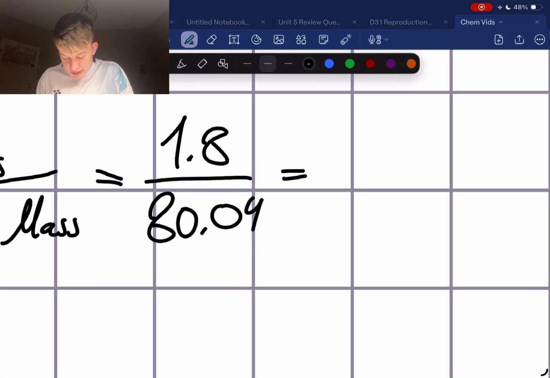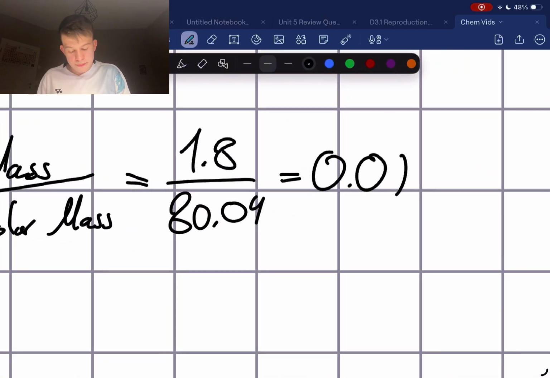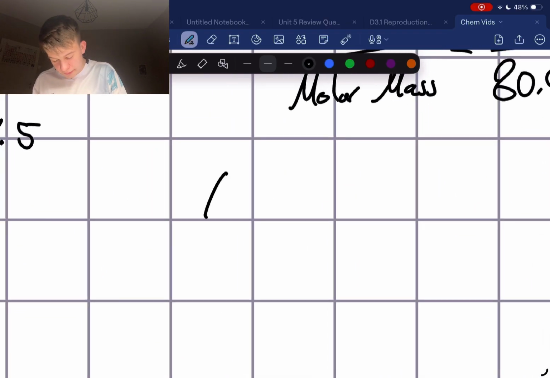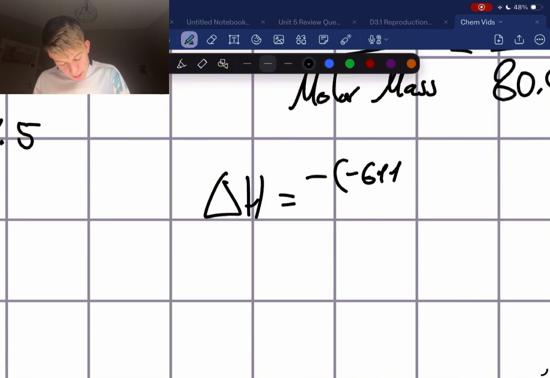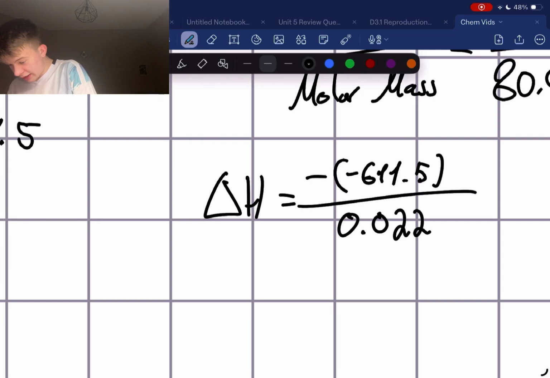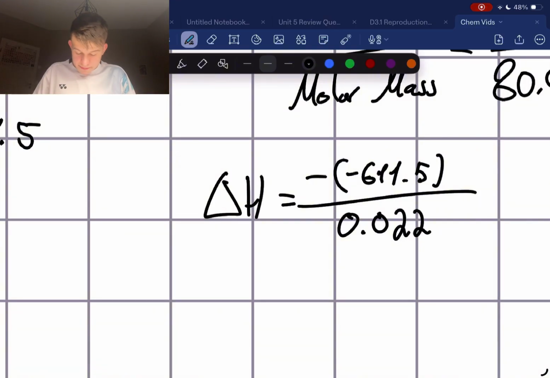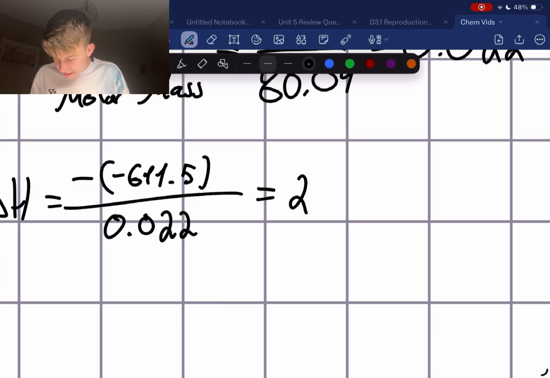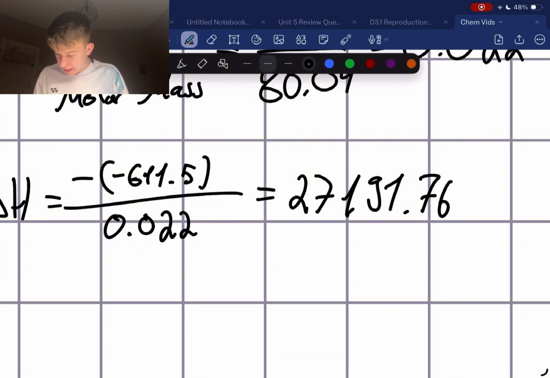That will give us 0.022 to be exact. So to find delta H, we do negative 611.5 divided by 0.022, and that will give us negative 27,191.76.